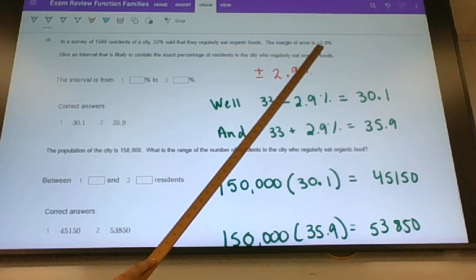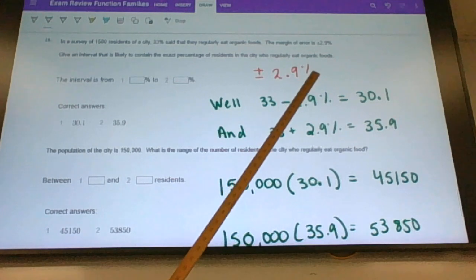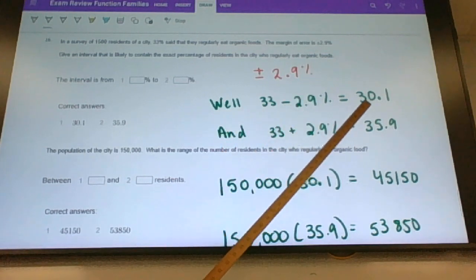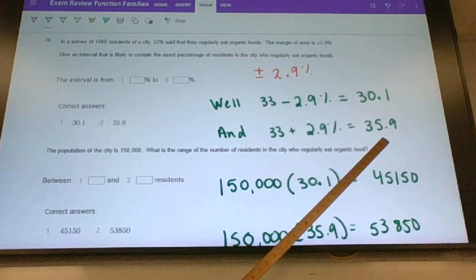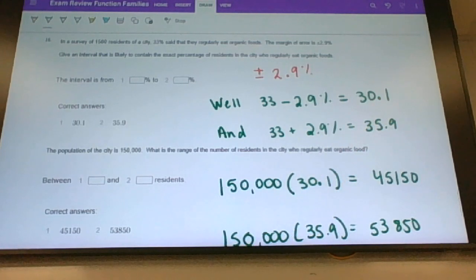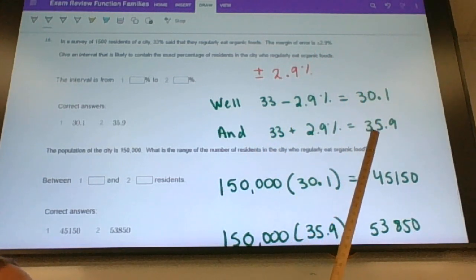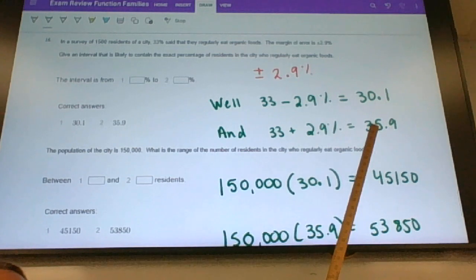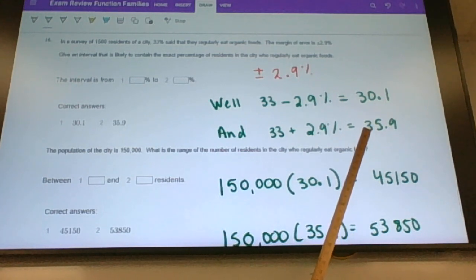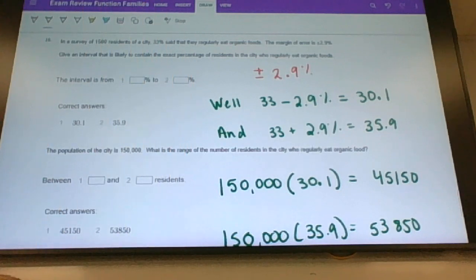It could be above that 2.9 or below that 2.9. So I just did below it and I just did above it. It creates a range. So the range is actually somewhere between these percentages. And then we multiplied by the total.